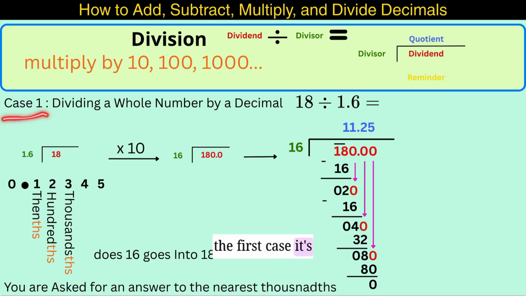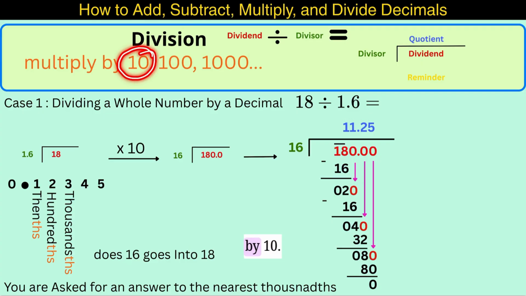Now, the first case is a whole number divided by a decimal. So here, this divisor needs to be a whole number. In order for me to switch this to a whole number, I'm going to multiply by 10. Why? Because there is one number after the decimal point.